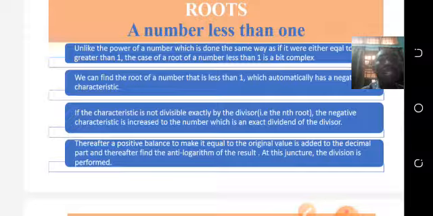Point number 3, we said if the characteristic is not divisible exactly by the divisor, that is, sometimes when you want to divide, if you remember under numbers that are greater than 1, almost all the dividends are always greater than the divisor.